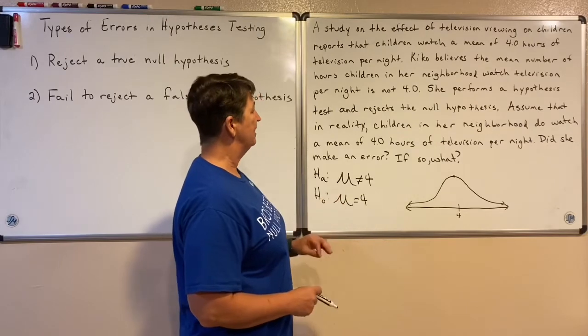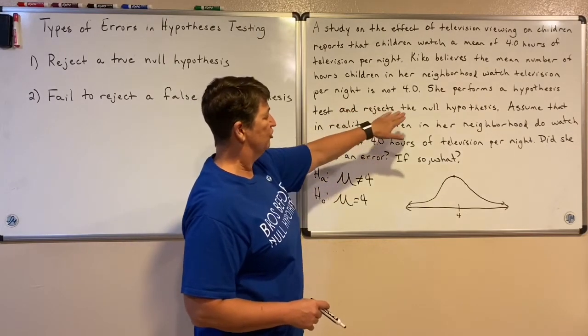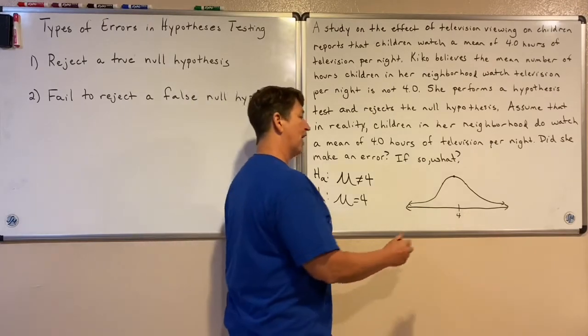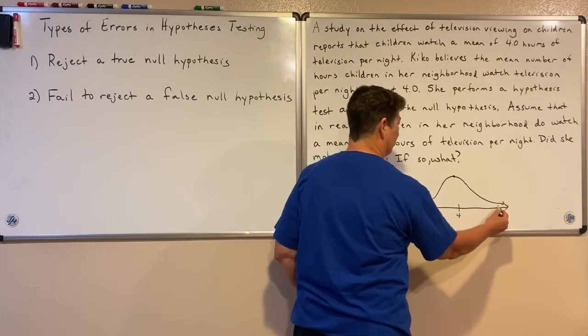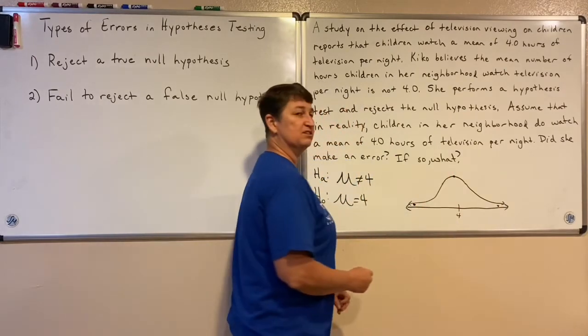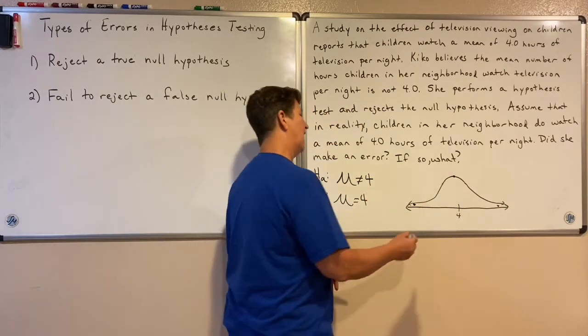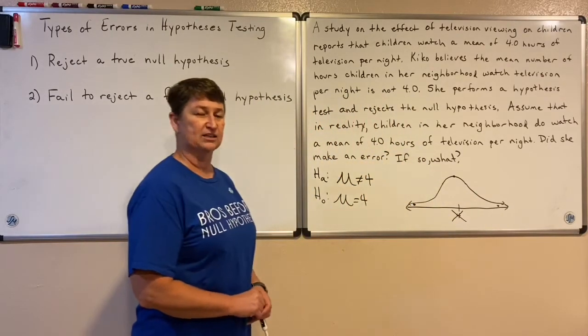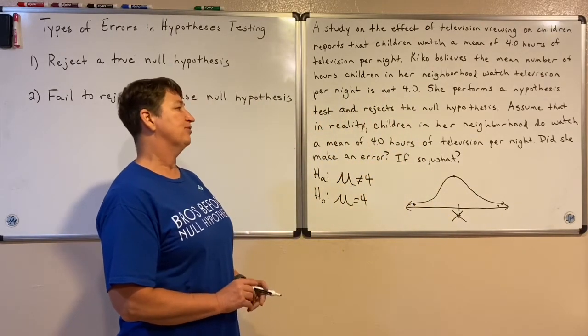And she says she rejects the null hypothesis. In other words, she got some value so far out there, either way up here or way down there, that she said, that's so statistically significant that I'm going to reject the null. So she rejected that null hypothesis.